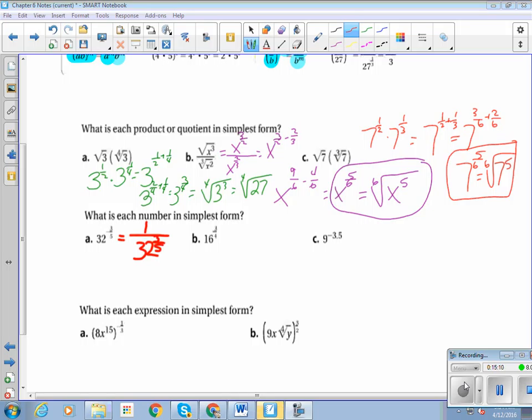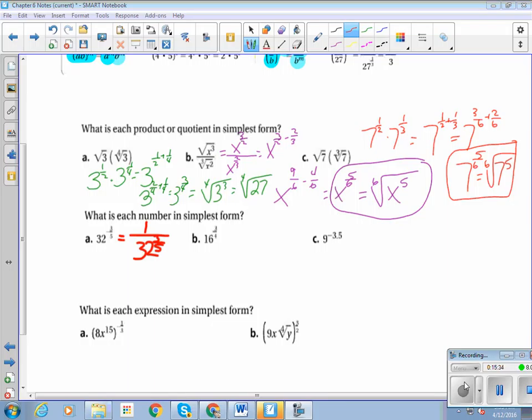That takes care of the negative part of that exponent. So 32, is it easier to raise 32 to the third power, 32 times 32 times 32, or is it easier to take the 5th root of 32? Is 32 a perfect 5th root?